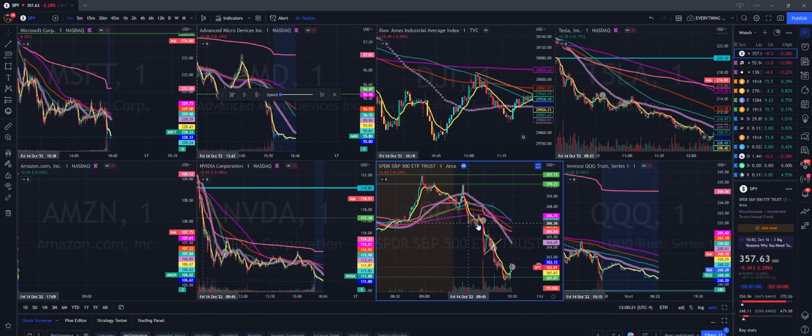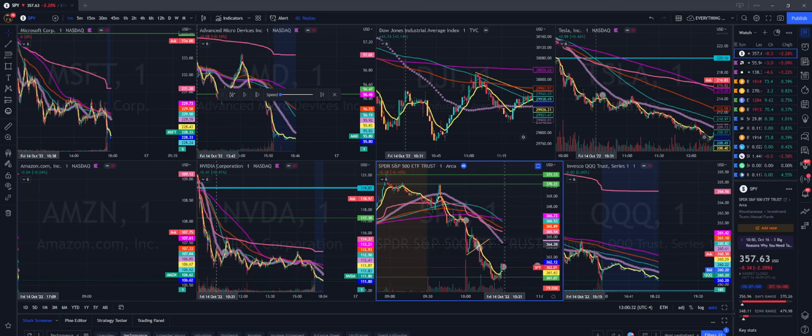But normally, the 200 moving average is not really significant in intraday trading. But one thing to keep note of, most of the time at the 200 moving average, they either get rejected, or it's gonna be a bounce off the 200 moving average.